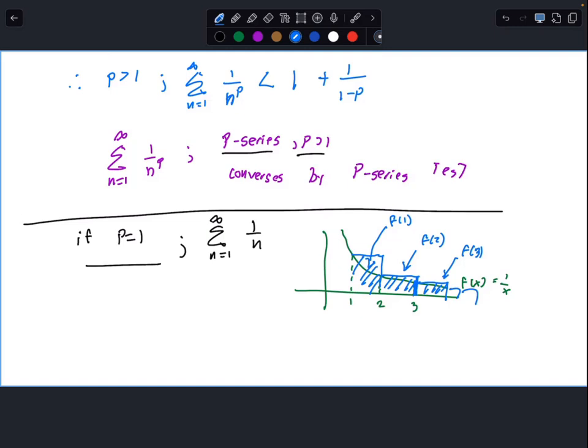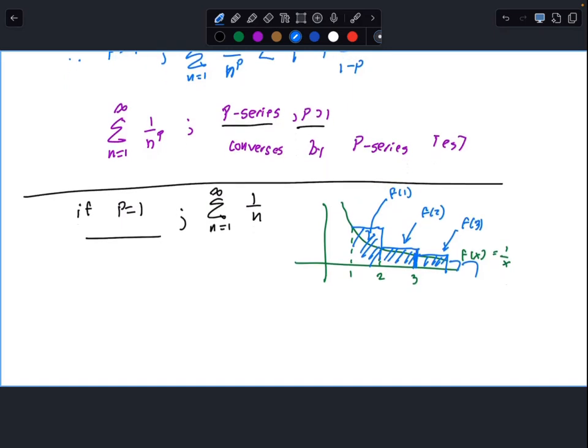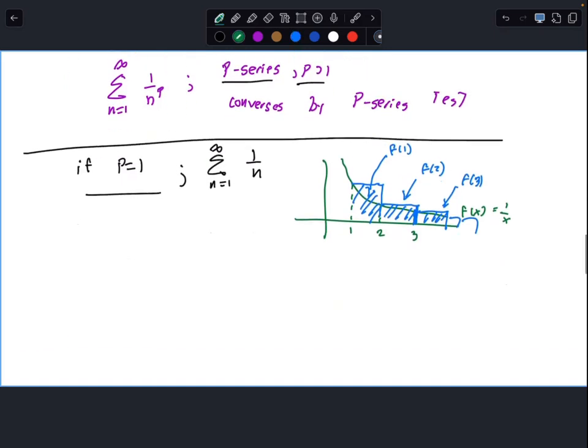So if we use a left Riemann sum, then the series from n equals 1 to infinity of 1 over n must be what? It must be greater than the integral from 1 to infinity of 1 over x dx.